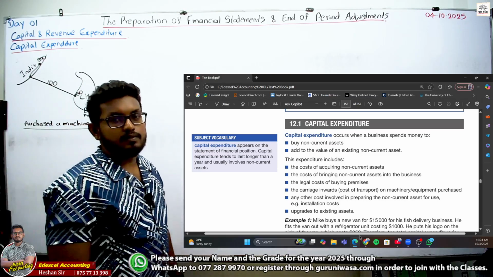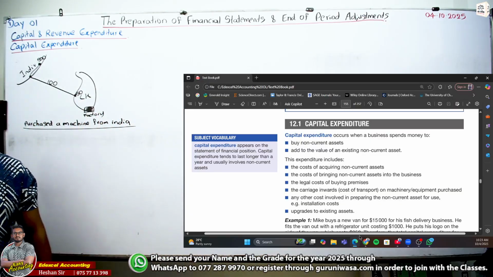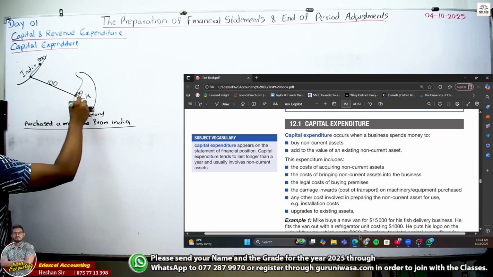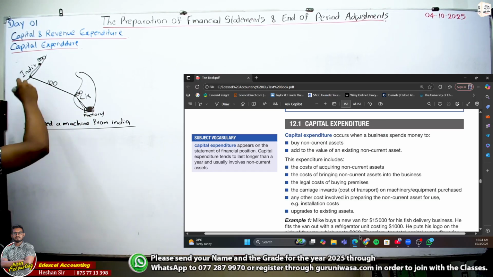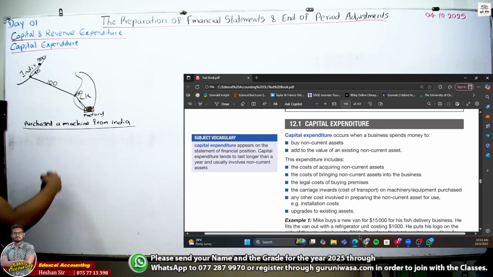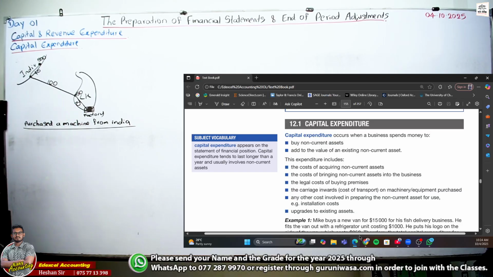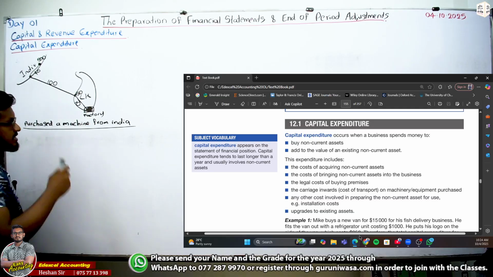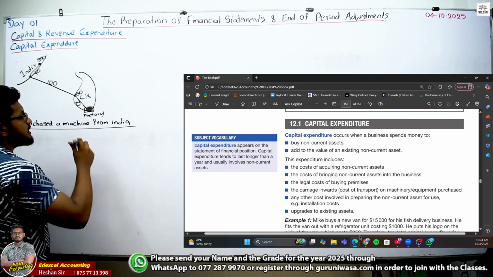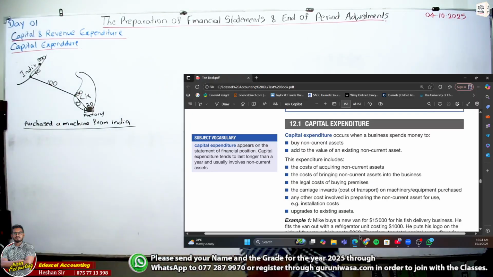From the Sri Lankan harbor to our factory, it's 10, right? Then to fix it here and do some trial runs, we need to further spend $20. These are the total costs, right?